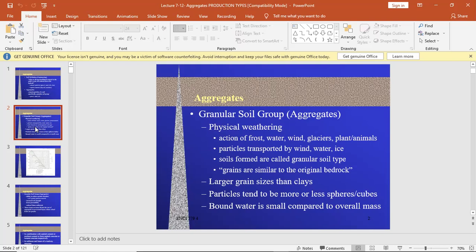As we say, this is about bound water in aggregates. They don't bind much water as compared to the overall mass; the percentage of binding with water is less. If it is more, then it's a problem. Why? Because it means they are more porous, and more porous means less dense, and less dense would mean it may not be very solid and may not bear the traffic load.